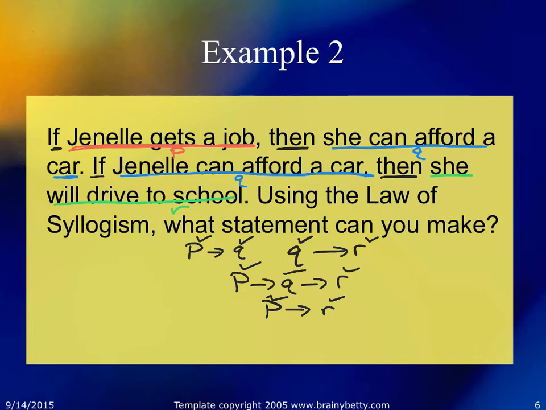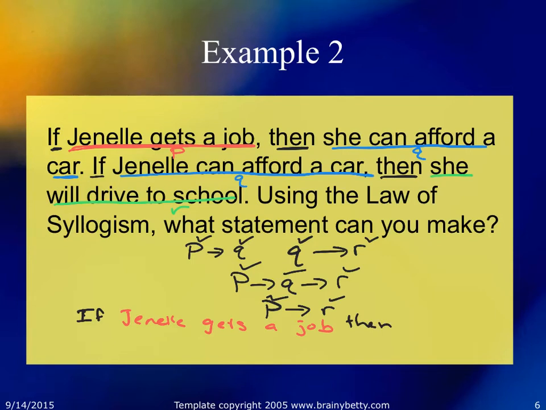So now let's decide, using the law of syllogism, we are going to make an if-then statement, and we can drop some things out of here. Okay, so here's our P. If Janelle gets a job, if P, then, what did you say we're doing after that?